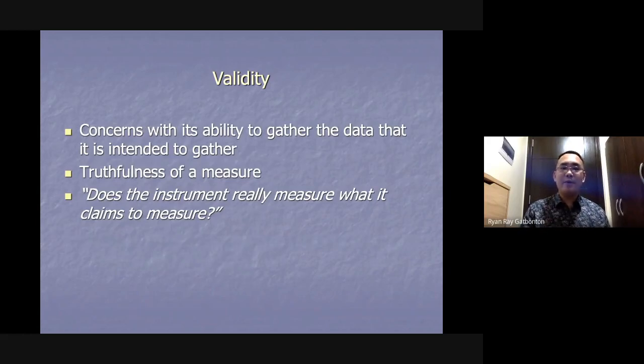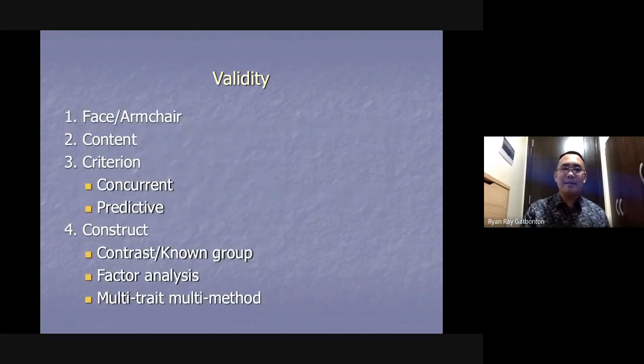We will now talk about validity, which concerns the ability of your data or instrument to measure what it claims to measure. Kumbaga, if your pain scale is valid, it should measure pain perceived by the client. So this pertains to the truthfulness of a measurement of an instrument. It can be assessed by using face or armchair validity, content validity, criterion, and construct validity.